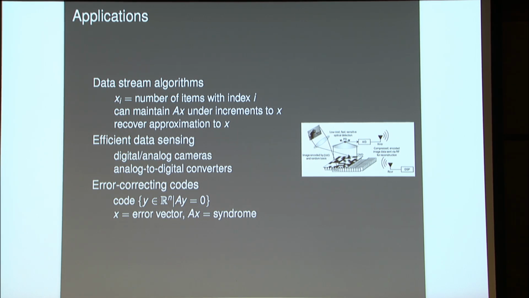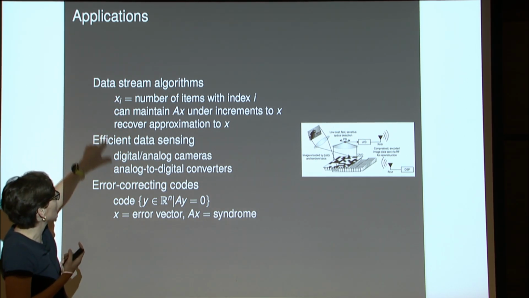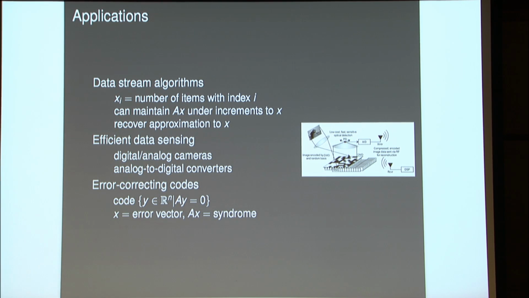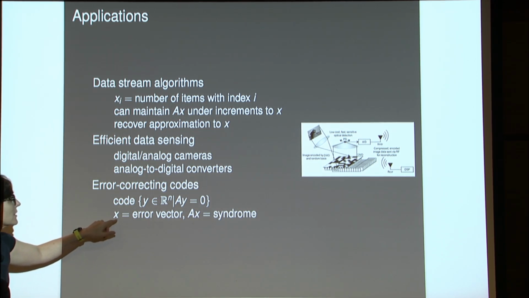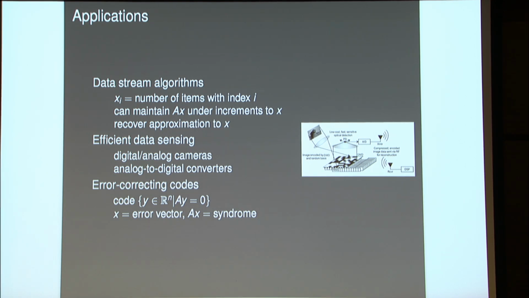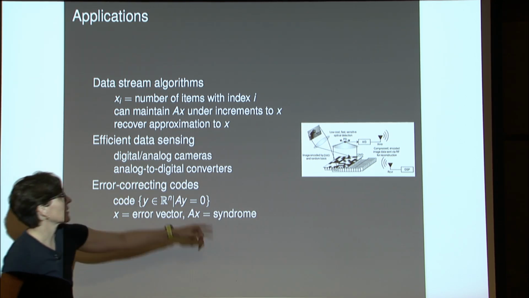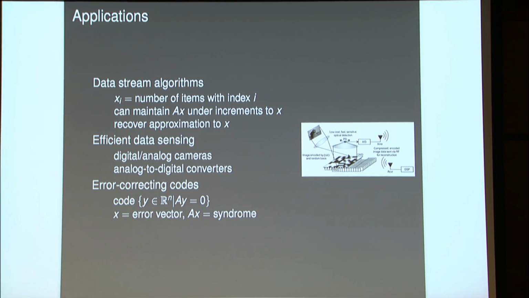And then finally, this is digital, physical, and then mathematical. You can view this problem as an instance of error-correcting codes, where the error vector of your received code word is x. A times x is your syndrome, and you want to figure out where the errors are in my received code word so that I can decode. So this is a nice mathematical example of sparse signal recovery. Okay, so these are applications.